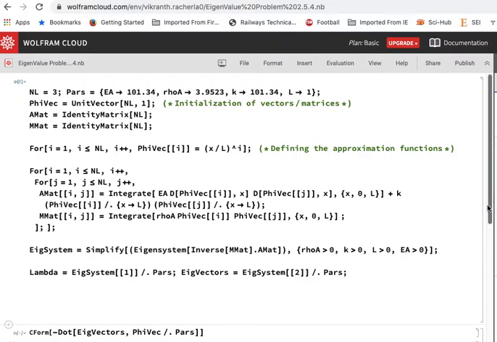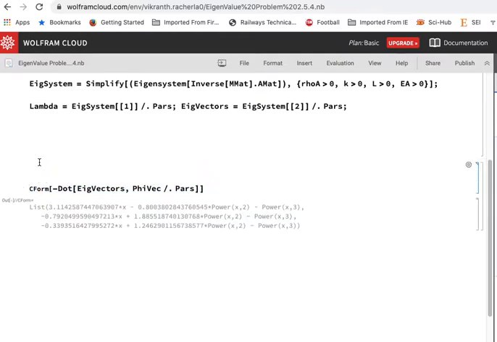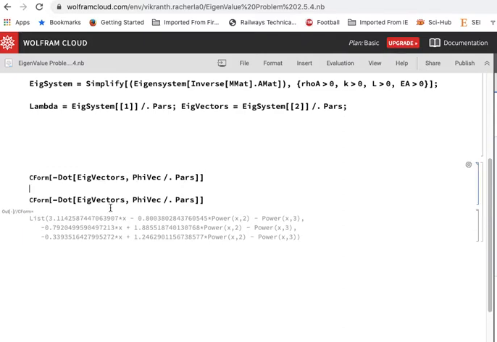Once this is solved, in order to copy whatever results we are getting into MATLAB, I'm going to use a command known as CForm. It will give me the text form, which I can copy into the regular programming languages.